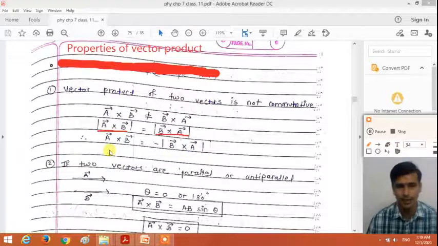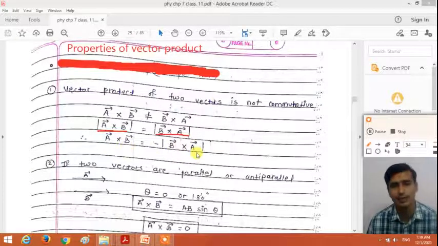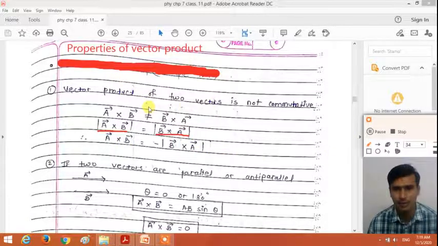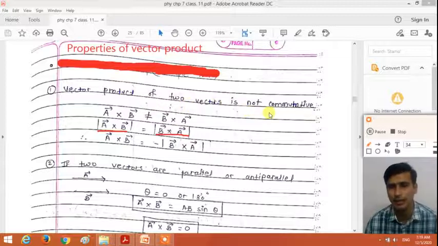So the direction of A cross B and the direction of B cross A is exactly opposite, right? So we can write vector A cross B is equal to minus vector B cross A. So understand dear student, first property: the vector product of two vectors is not commutative.